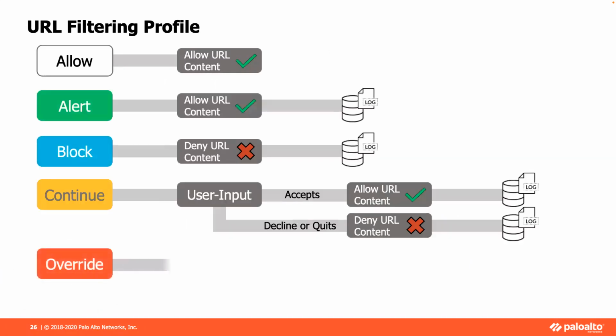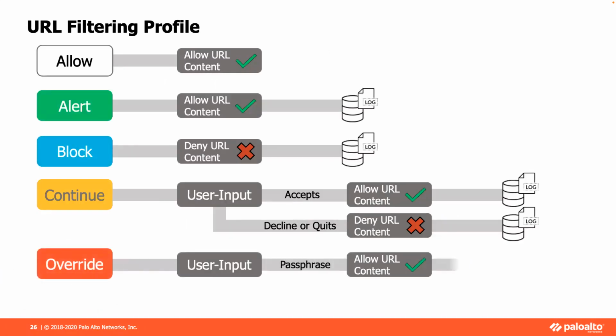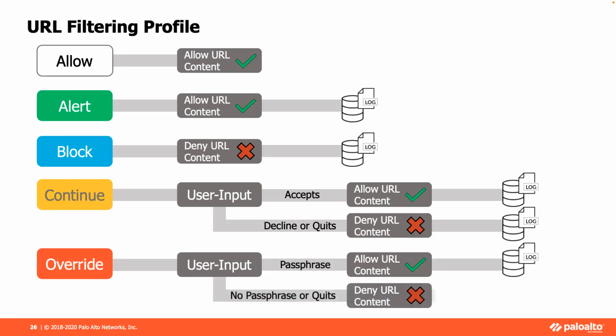URL filtering gives us the ability to look at users going out to different websites. We categorize them into multiple different categories, and we have the ability to do some of these actions I talked about earlier, allow traffic to a certain site, like, hey, I want to allow people to go to banking websites or online shopping or whatever. Alert, which means don't block people, but record this for me.